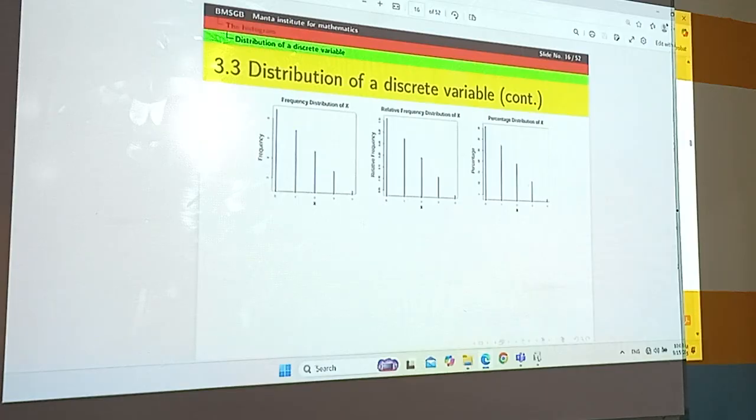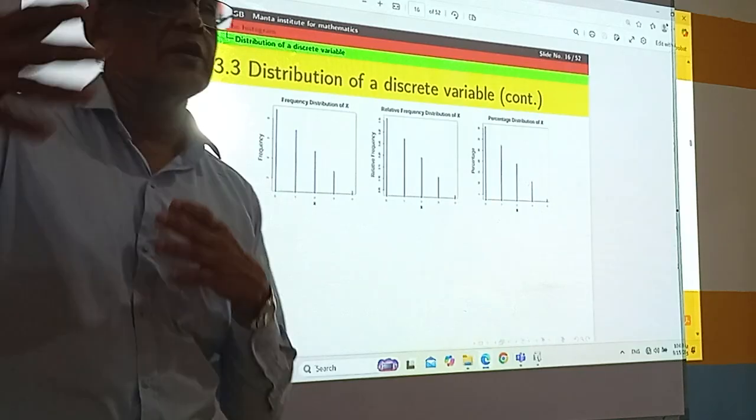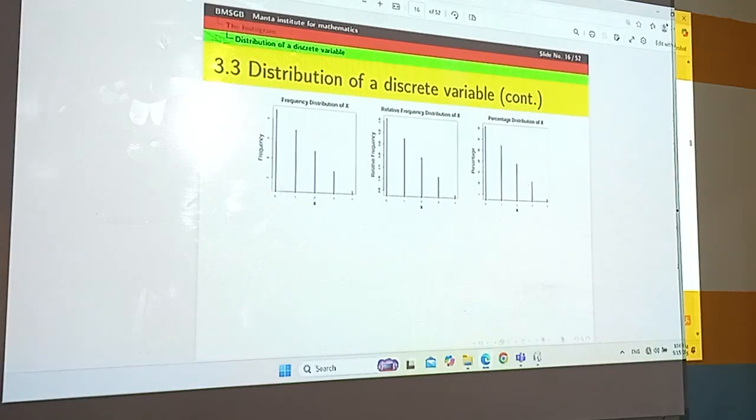If your objective is to see the shape of this distribution, which number has the highest frequency, which number has the lowest frequency, whether the frequencies are increasing or decreasing, if you want to look at the characteristics of that, any of these is okay.